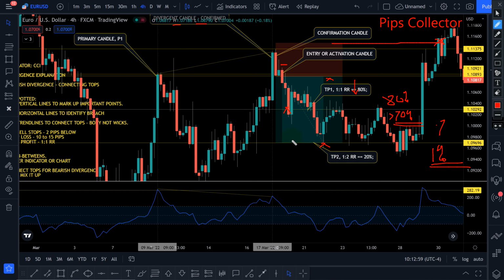Or at this 2 arrow, you could close your full trade. It doesn't matter, it's your choice. Okay. Now get this straight. At 2 arrow here, you might even get your 1%. Yeah, mathematically you get your 1% at 2 arrow here. Because if you close 80% here, at 2 arrow, the 20% that was here has doubled.